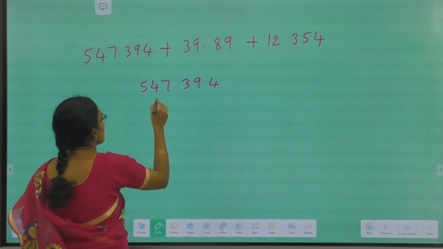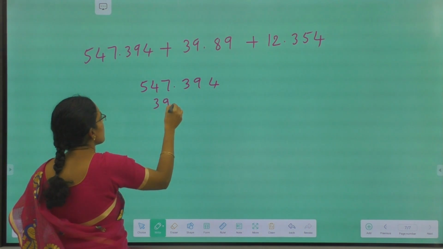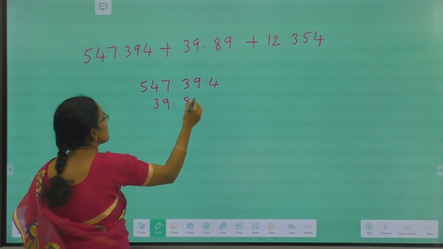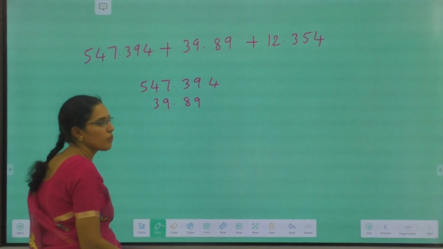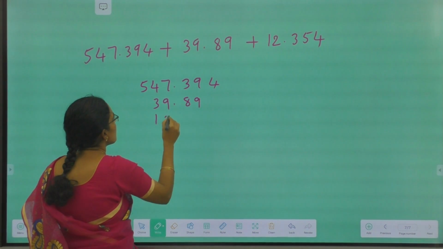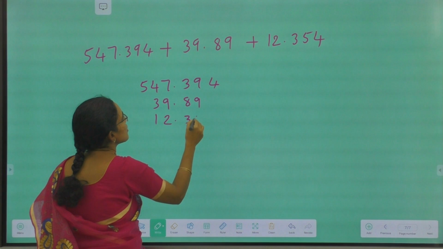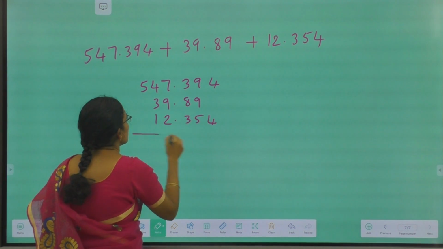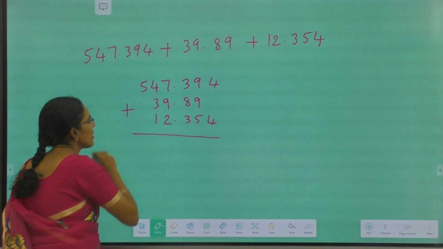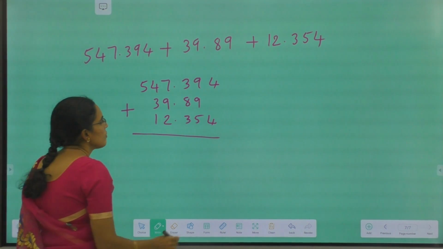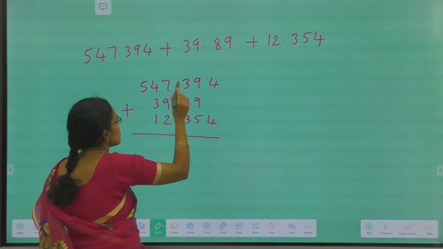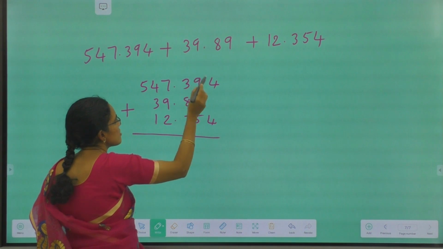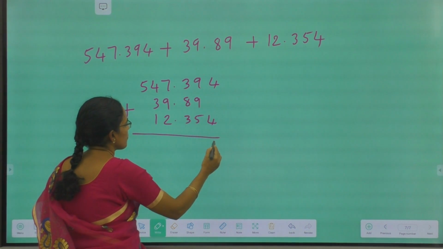547.394, and below this, 39 point below point, 89 or 890. After that 12.354. Arrange the decimals one below the other and then start adding. First I am adding the thousandths, that is, after the point: tenths, hundredths, thousandths. 4 plus 4, 8.